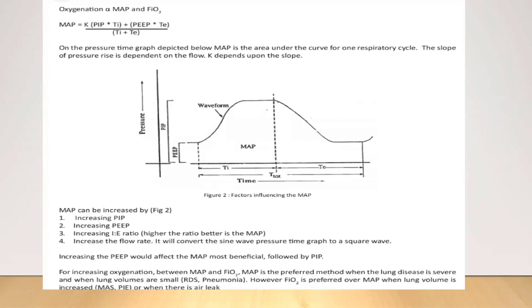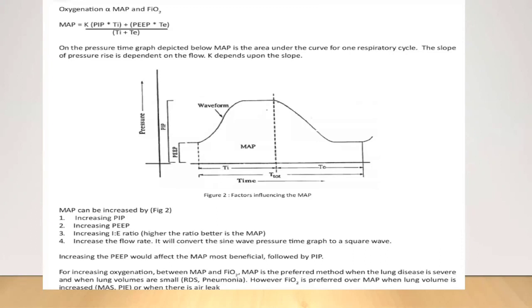So MAP is determined by K into PIP into TI. See the graph. See the PIP and the TI. TI in the x-axis, PIP in the y-axis. See that area. TE in the x-axis and PIP in the y-axis. So MAP is that whole thing under the graph.